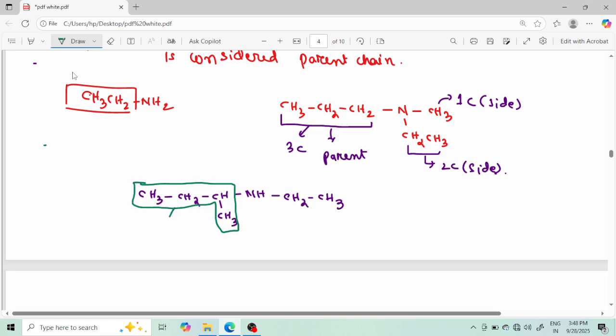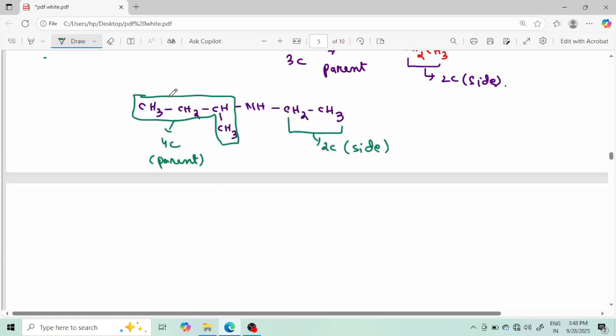So 4 carbons, and this one is how many carbon? 2 carbon. So this alkyl, whole alkyl will behave as side chain, and this one will behave as parent chain. Okay, got it?